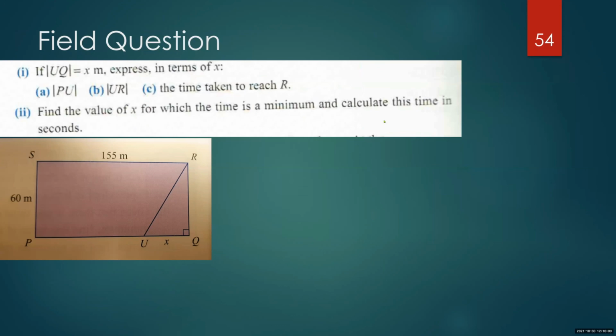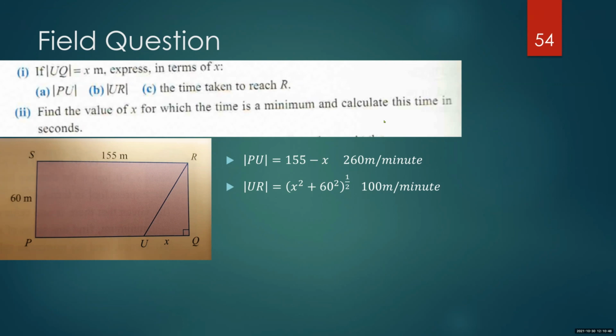And I've just put a brief bit of a sketch here just to remind ourselves of where we're at. So the first thing is PU is 155 minus x. And while she's running along PU, this lady is doing 260 meters a minute. And UR then, from Pythagoras, is just x squared plus 60 squared all to the power of a half, or the square root of x squared plus 60 squared. And for that length, UR, the speed is 100 meters per minute.